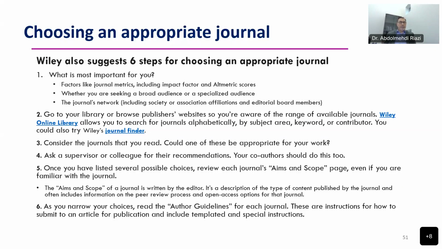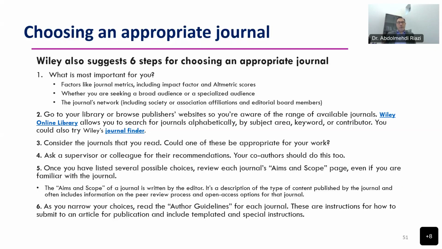The second step that we need to go through in order to choose the right journal is to go to your library or browse publishers' websites, so you're aware of the range of available journals.